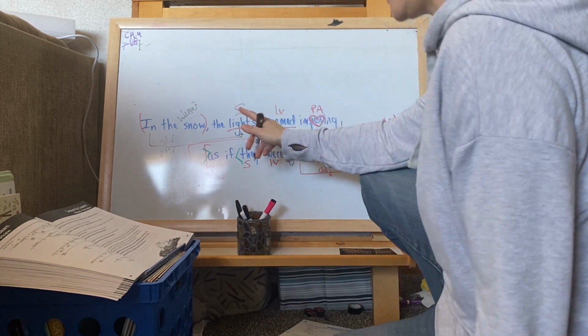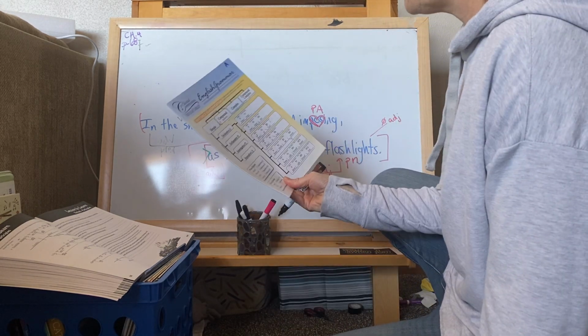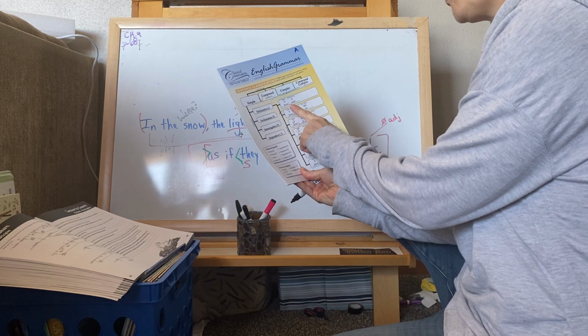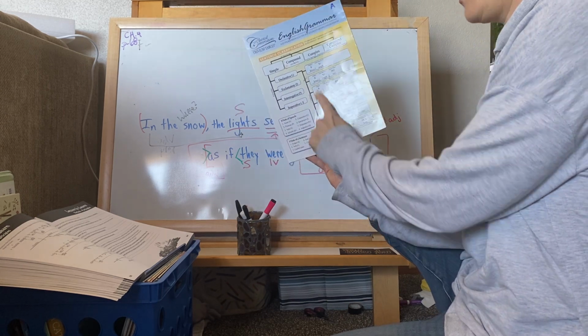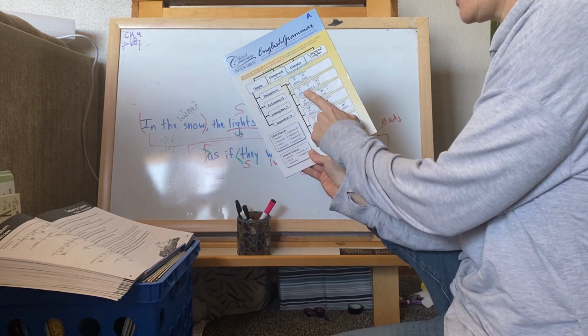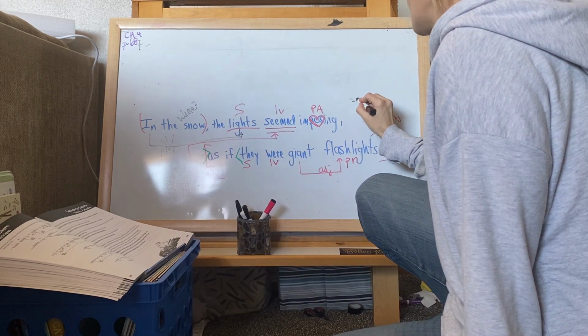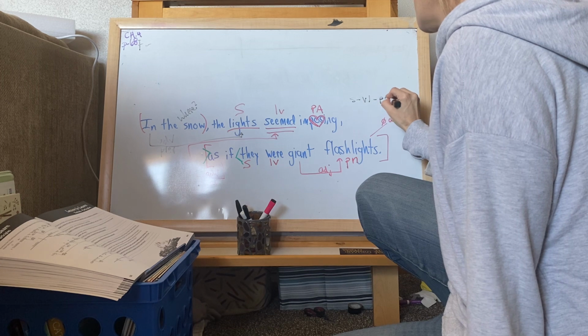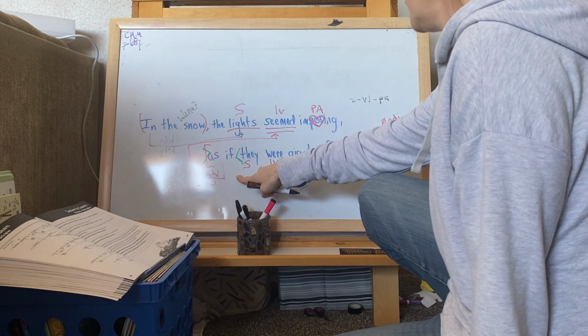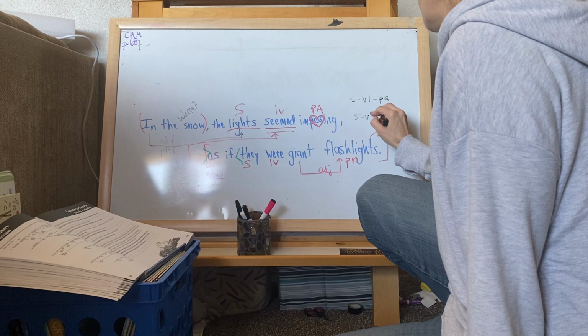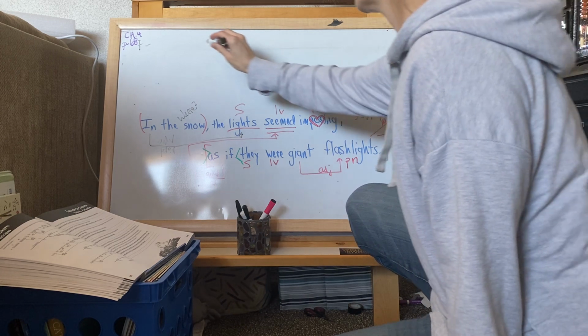But I always like to identify what is the pattern. Okay, what is the pattern? Is it SVI, SVTDO? Because this will help me when I start diagramming. So I have a SVLPA and I have a SVLPN. All right, super.